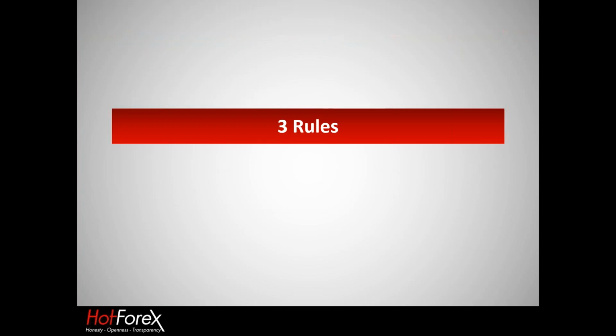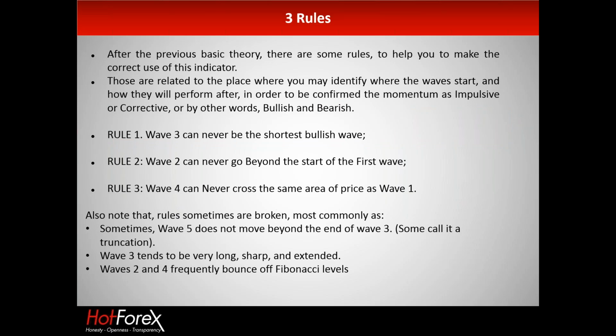Okay? 3 rules. Because like on everything in life, we must have rules. This theory also has 3 main rules, okay, to help you make the correct use of this momentum trend indicator.